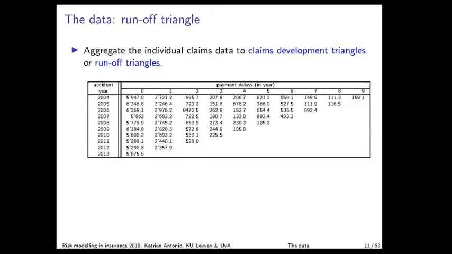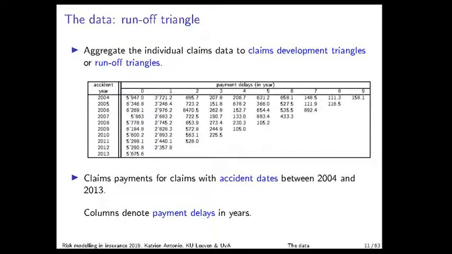Similarly, the number in cell 2012-1 displays the total 2,357.9 that is paid in the year 2013 for all the claims that occurred in the year 2012, and so on, right? So that is the type of information that you can find in an incremental runoff triangle.